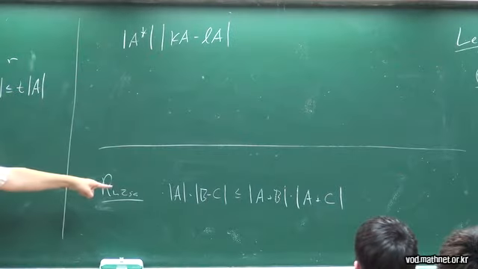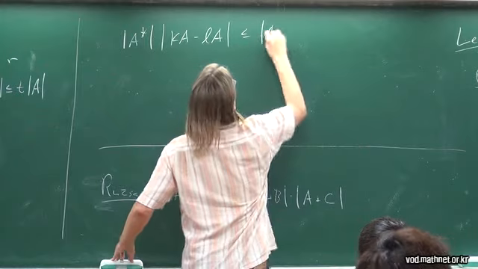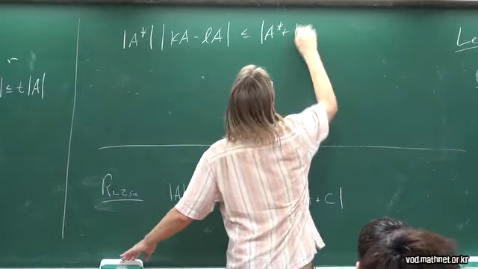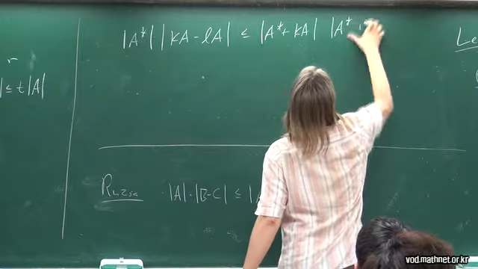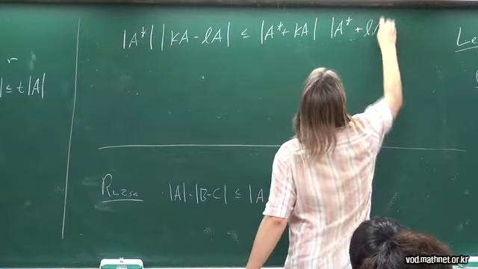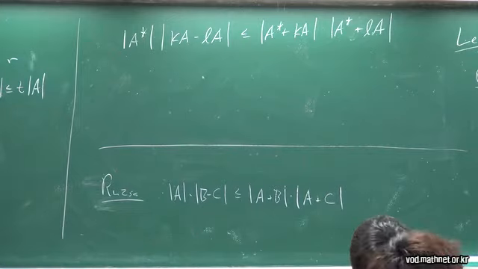Well, Ruzsa's triangle inequality tells us that this is at most the size of A star plus k times A times the size of A star plus L times A.